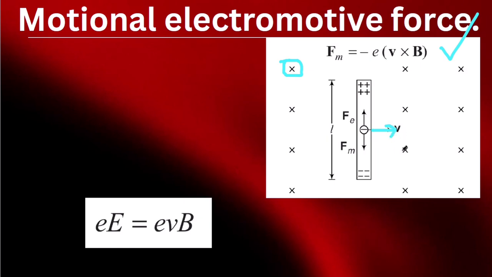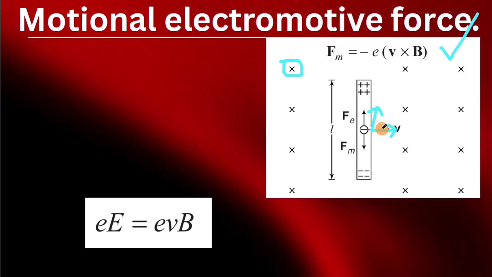With velocity v, the magnetic force on the electrons in this metal is Fm, the force due to this magnetic field, Fm equals minus e v cross B. The direction of v cross B: v is along this direction and B is along, for example, this direction, since we cannot represent 3D exactly.